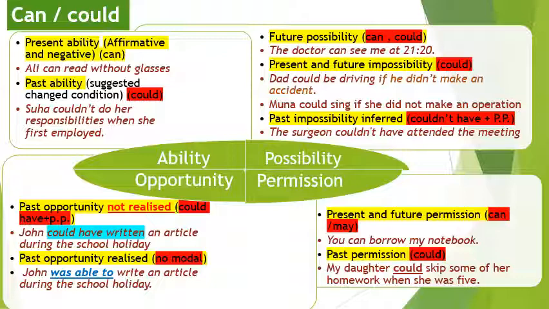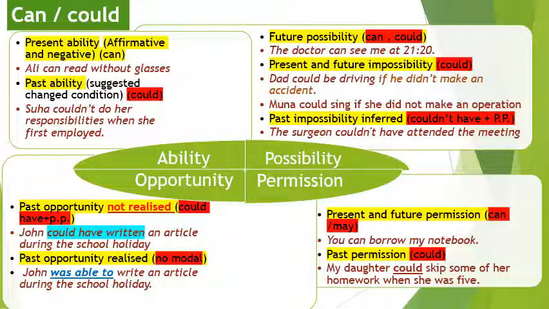So it consists of couldn't plus have and the past participle form of the verb. For instance, the surgeon couldn't have attended the meeting because maybe he has another commitment. We don't know. And as we said, this impossibility is in the past.